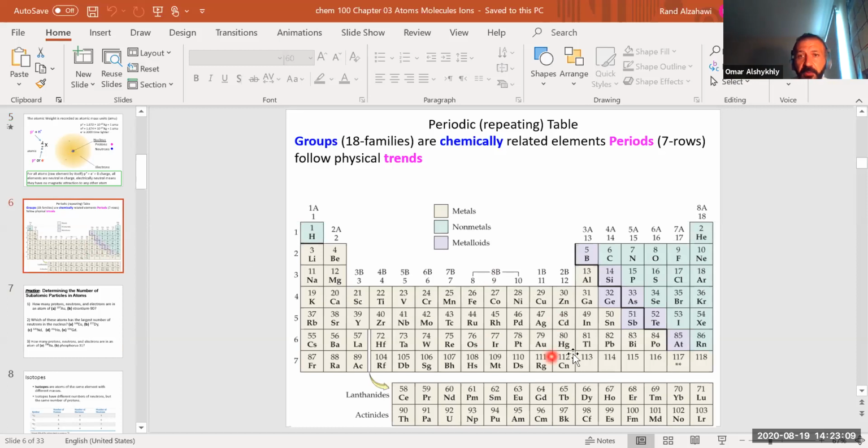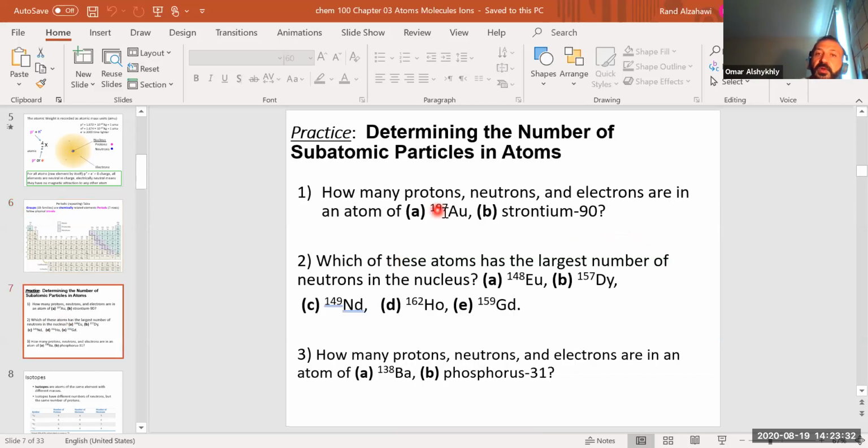Some periodic tables just show you the atomic number, and some give you both the atomic number and the mass number. The periodic table that I posted in Canvas has both numbers, A and Z. Au has atomic number 79, and here they give you 197, the mass number.